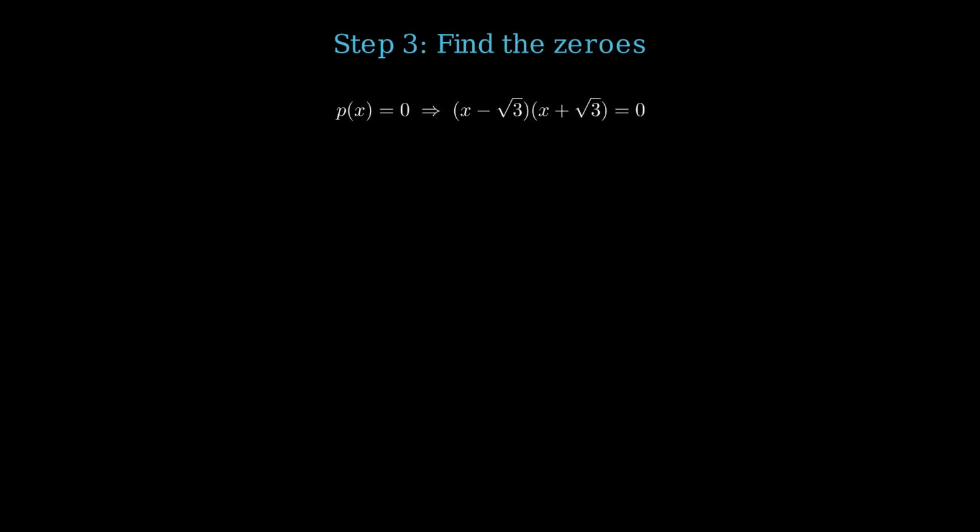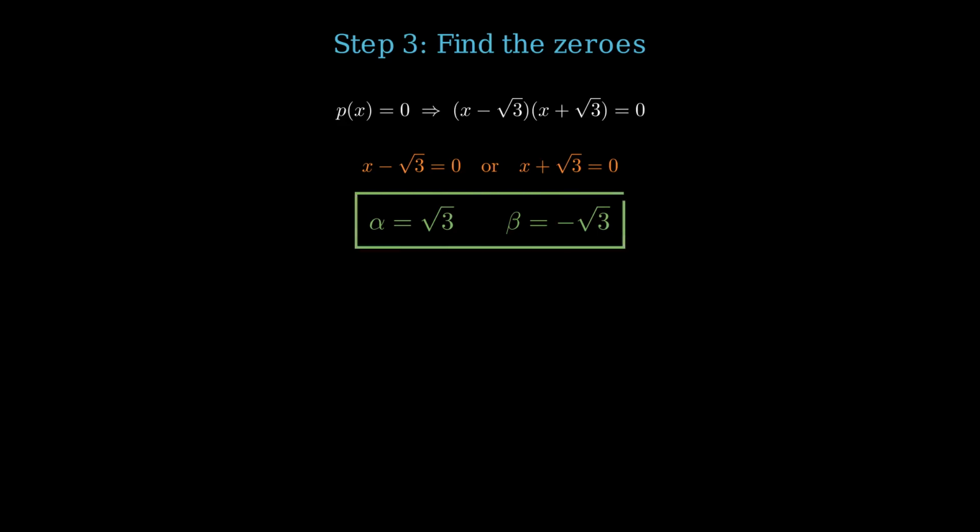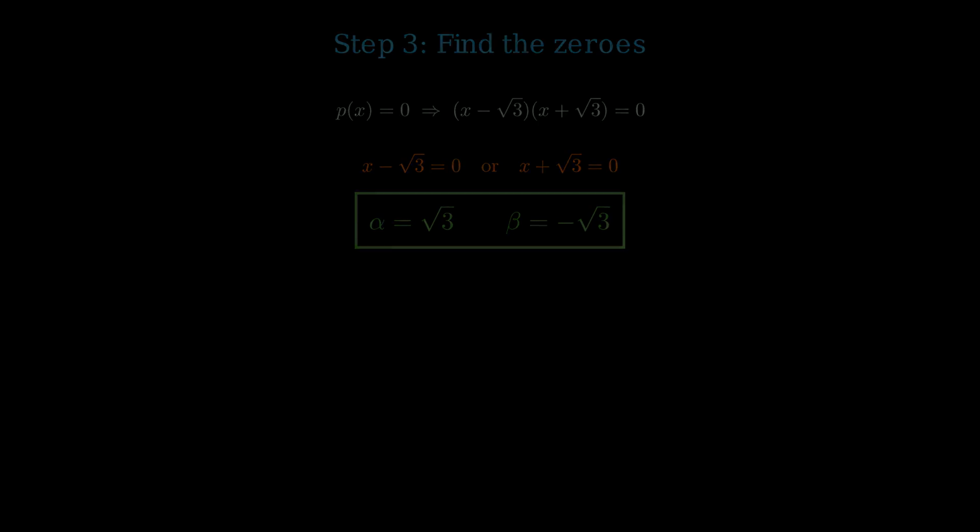Step 3. Find the zeros. Setting each factor equal to 0 gives either x minus root 3 equals 0, so x equals root 3, or x plus root 3 equals 0, so x equals negative root 3. Therefore alpha equals root 3 and beta equals negative root 3. Step 4. Visualize on the graph.